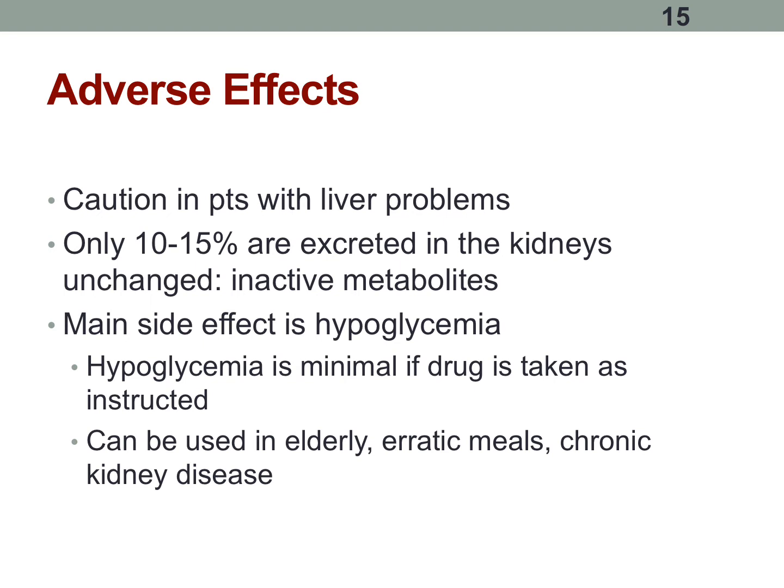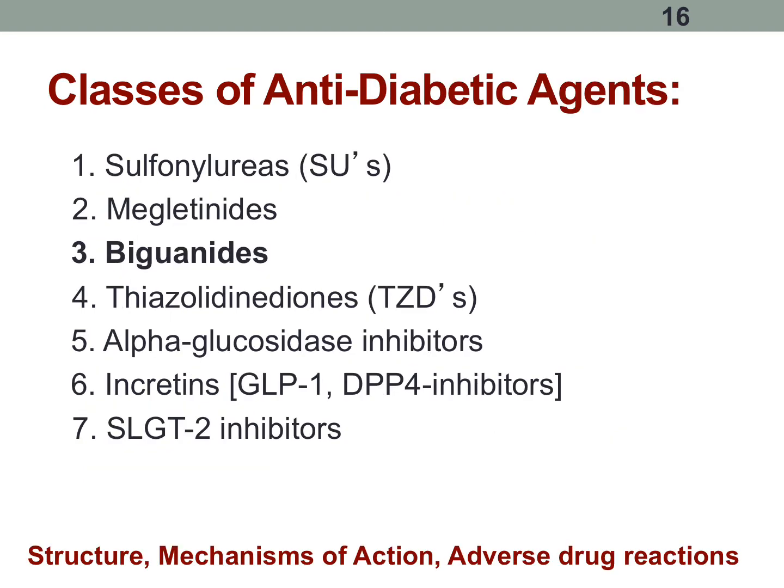So we're done with the first two drug classes, and these are the secretagogues. The SU plus meglitinides would lead to an increase in insulin secretion. So now, the next two drugs, on the other hand, will not increase your insulin secretion, but will make your body more sensitive to your own insulin.